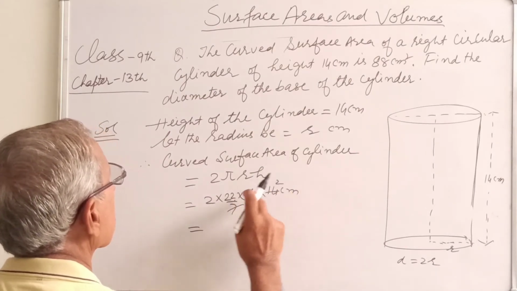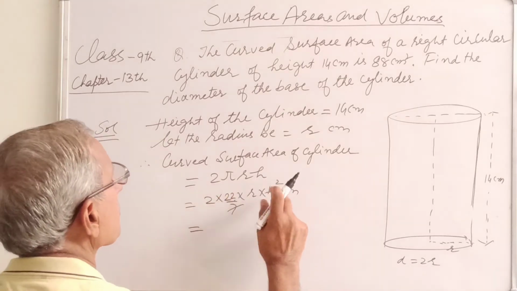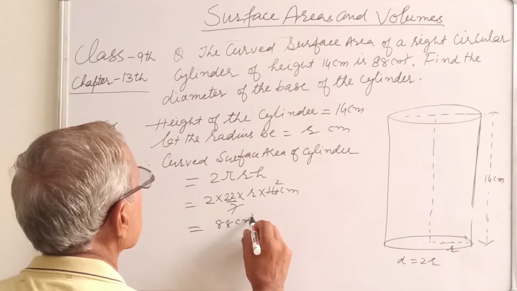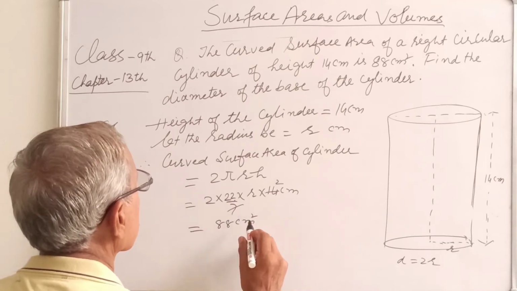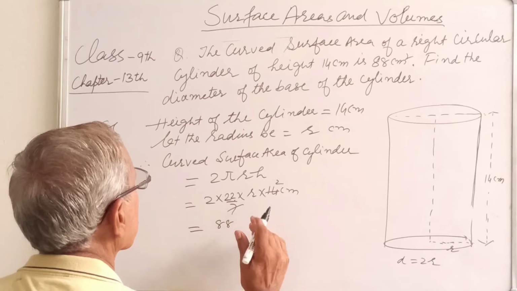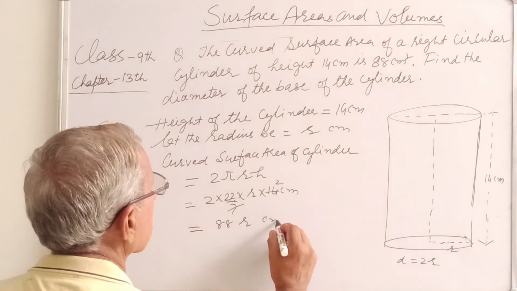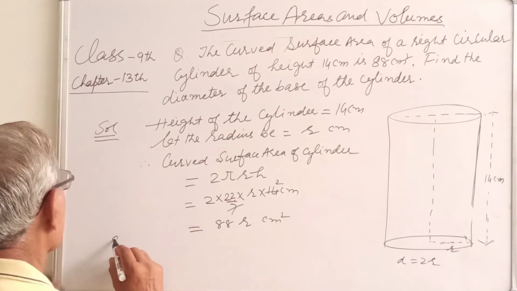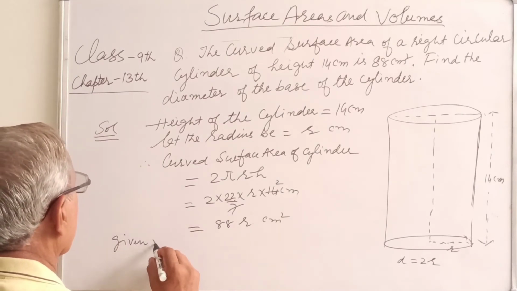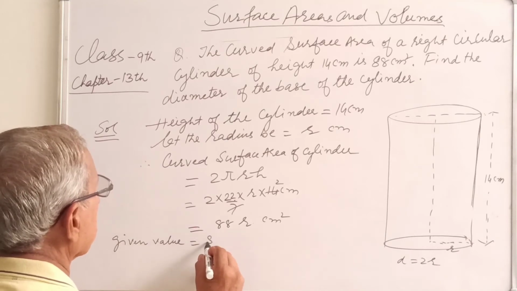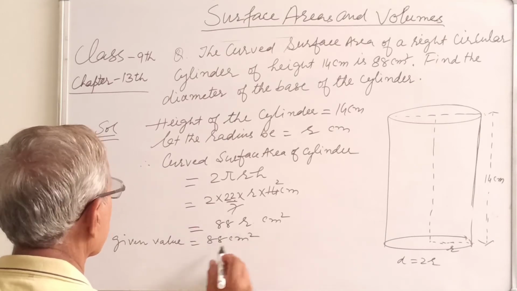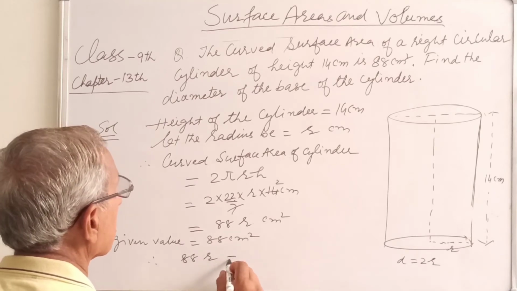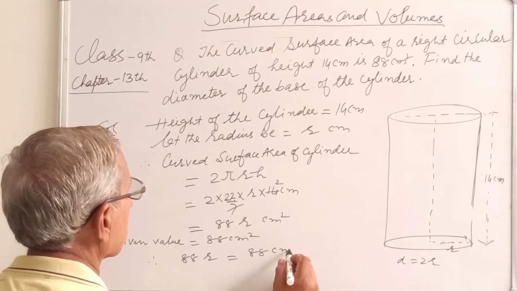That has become 2 into 22 into 2, that is 88 centimeter square multiplied by r. 88 r centimeter square. And since the given value is 88 centimeter square, therefore 88 r equals 88 centimeter square.